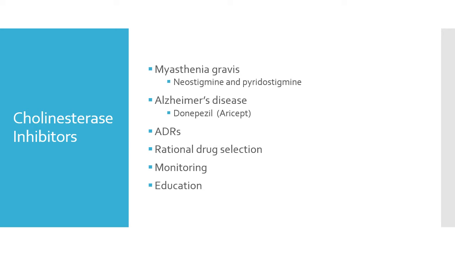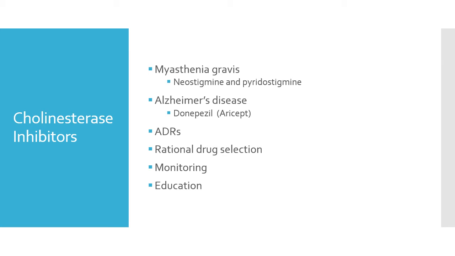That's a real threat. Other sort of classic ADRs with the cholinesterase inhibitors are muscle weakness, fasciculations of the legs like twitching, cramps, spasms, headache, nausea, diarrhea, insomnia, and we do see a real increased risk of peptic ulcer disease.